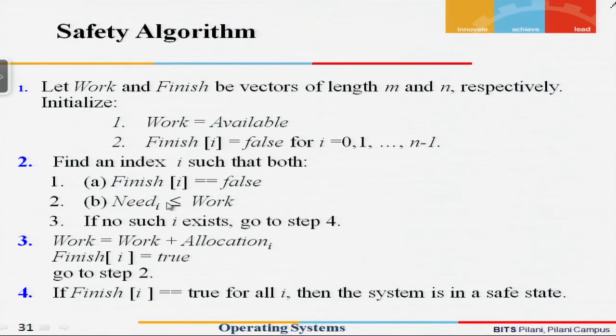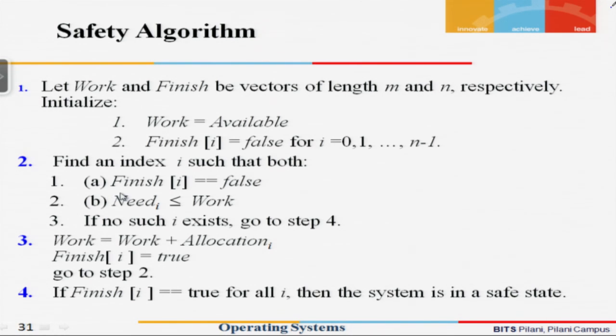If the current need of a process pi is less than the available resources, then its requirement can be met. So we need to find an index i for which these two conditions must be true.